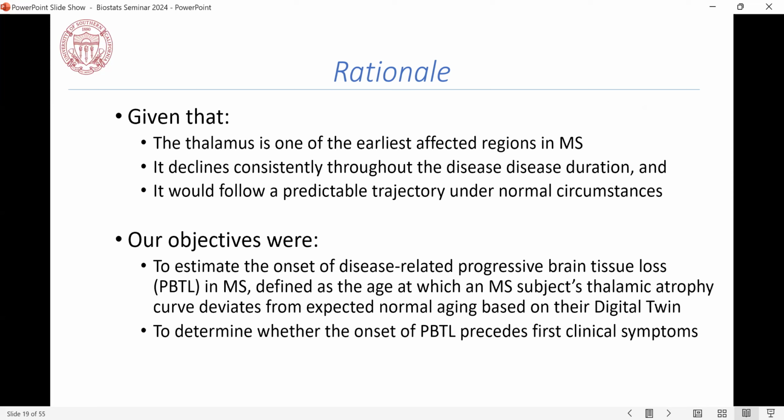So if you put these two trajectory lines together, you can look at at what age the patient trajectory line deviated from your healthy control. So that is the age when the attack starts. So that is the progressive brain tissue loss age.